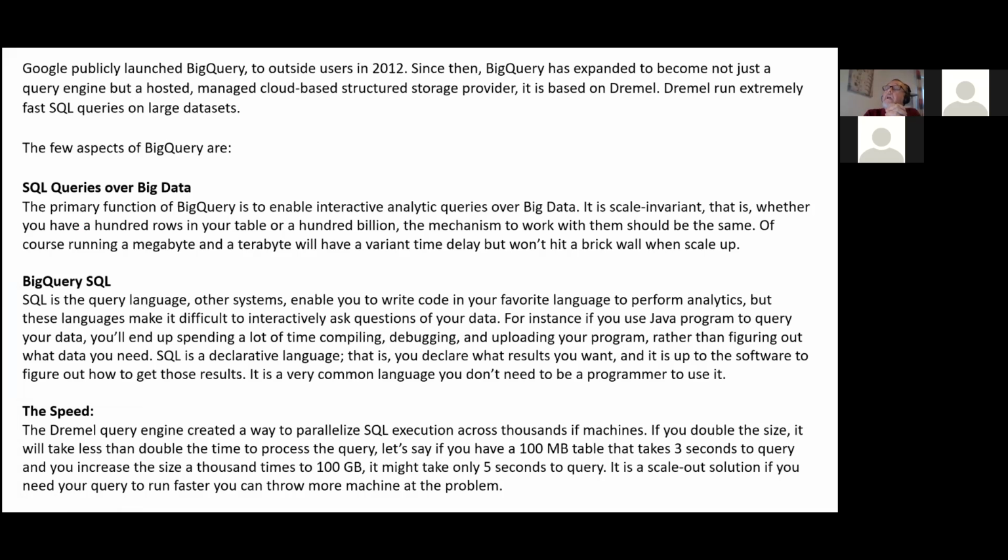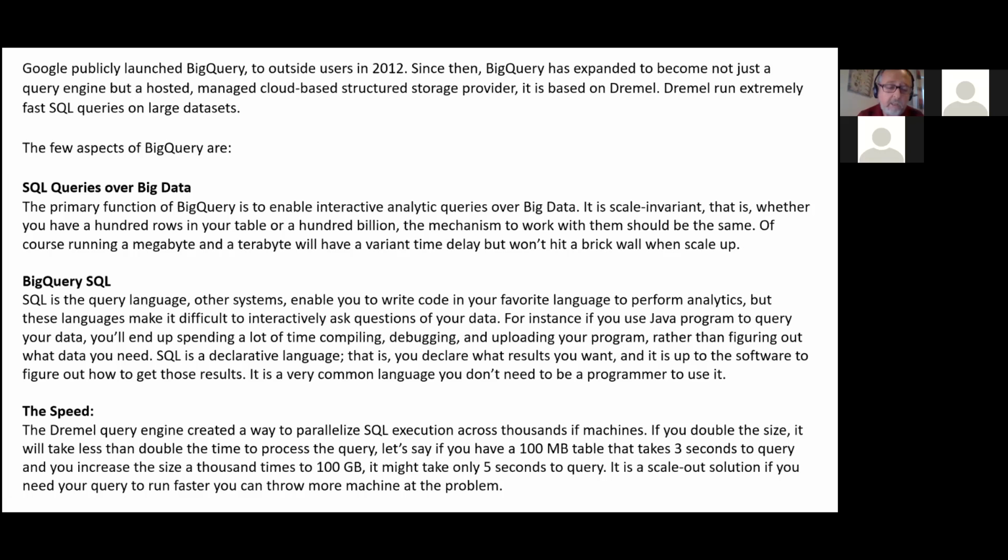This engine itself has been used by Google since 2008 for internal purposes. Most of the engines in Google, including the search on the web itself, are based on this engine, which they call Dremel. That engine plus Colossus, which we're going to talk about a little bit later on, is not open source. It's something which they keep secret. But in 2012, they opened this to the public, and people started using this amazing tool to query SQL over a large amount of data.